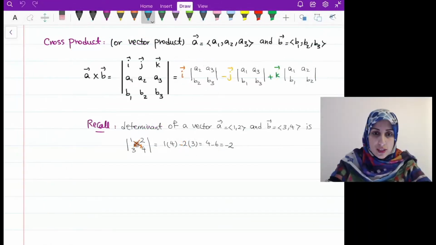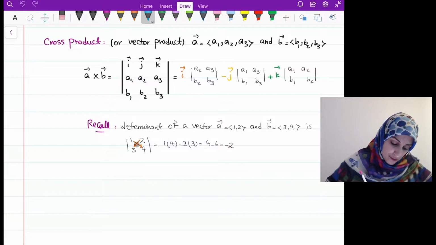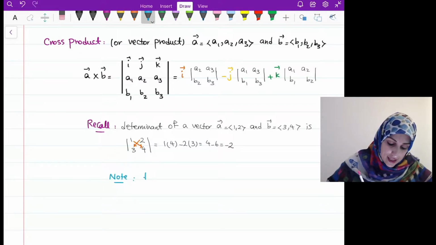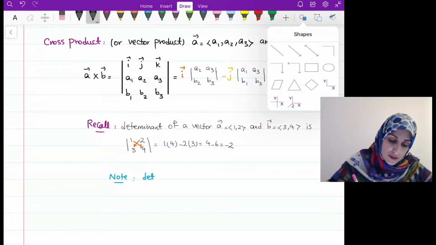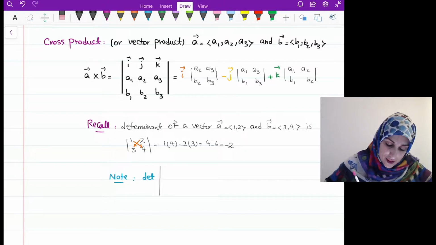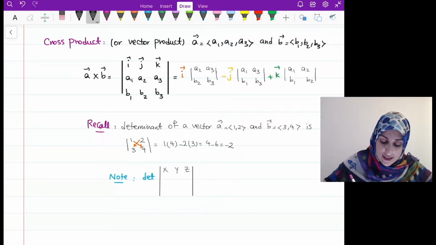And now in 3D, the determinant of a 3 by 3 matrix. Just assume that I have X, Y, Z on the first row, then A1, A2, A3, and then B1, B2, B3.